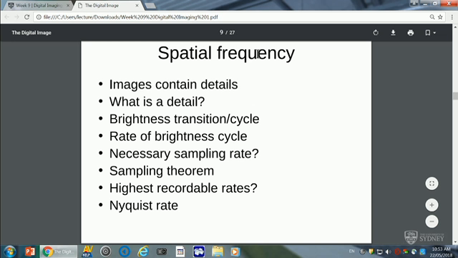That's known as your Nyquist rate. Your Nyquist rate tells you the highest spatial frequency you can have in your image. There's a bit of jargon there, we'll go through it again.